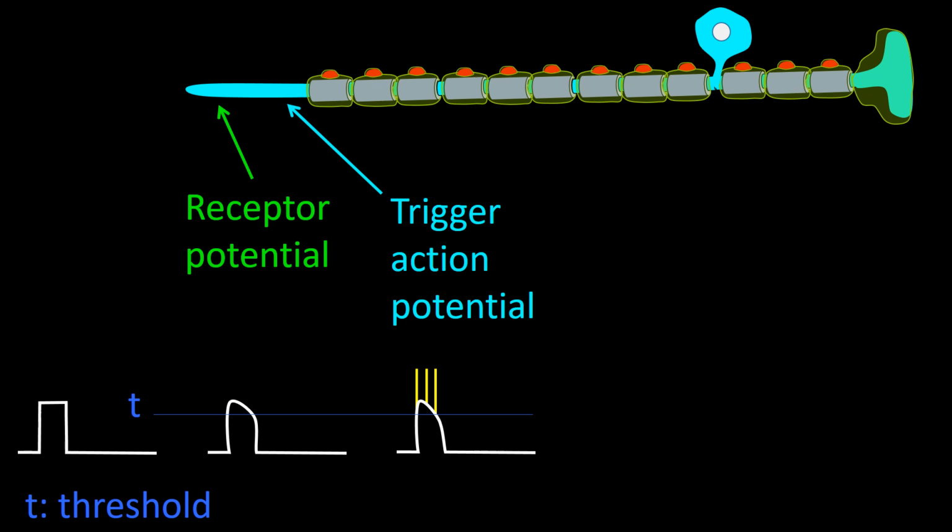Notice that the trigger zone action potentials do not arise from the baseline, but from the tip of the potential generated by the receptor potential. This is so because the membrane in the area that triggers the first action potential behaves in a gradual, step-by-step fashion prior to the generation of the action potential.